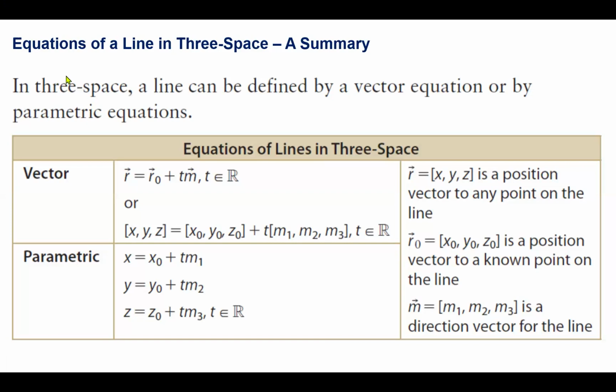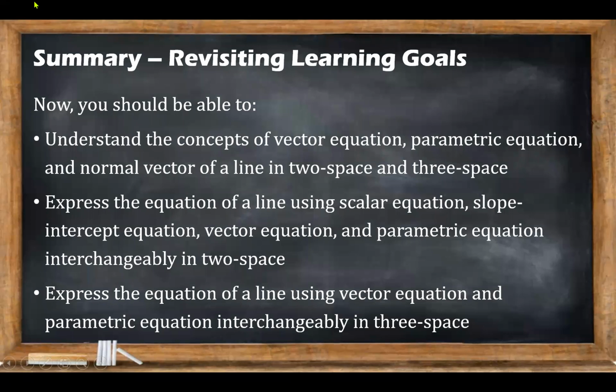Okay, so that's the end of today's lesson. So today we have talked about how to express lines in two-dimensional space or three-dimensional space, right? In other words, the equations of a line in two space or three space. So after this lesson, now you should be able to understand the concepts of vector equation, parametric equations, and normal vector of a line in two space and three space.